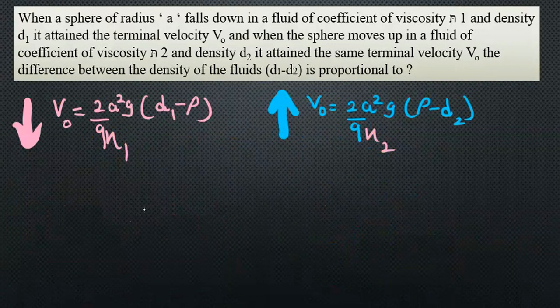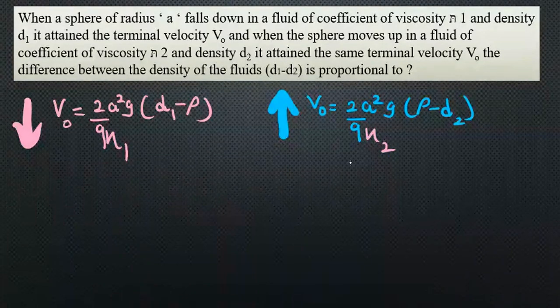So here we have two different scenarios where the sphere goes down and the sphere goes up. For the sphere to go down, the density of the sphere has to be greater than the density of the liquid, and in the second scenario, the density of the liquid is greater than the density of the sphere, right? So in the question they are asking us to find d1 minus d2.